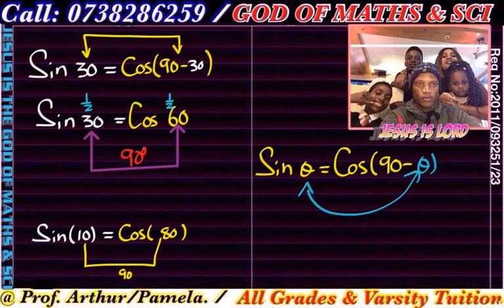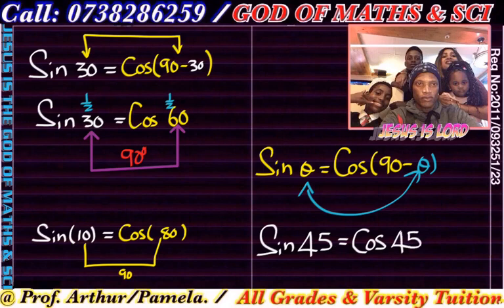So if I've got sine of 45, it must equal cos of, what is 90 minus 45? It's still 45. So they are equal. The cofunctions give the same answer if their angles add up to 90. Or in other words, you will always say 90 minus the other angle. I think so far so good. I'm giving you trig weapons.